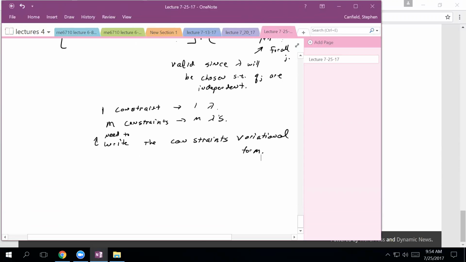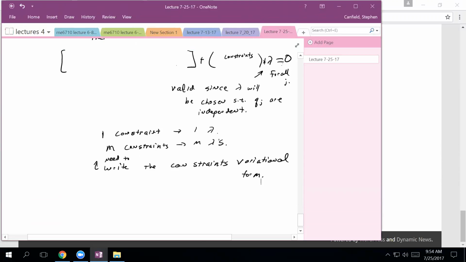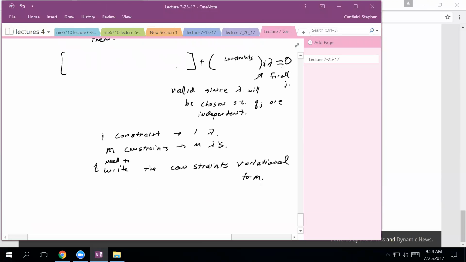So there's a couple of forms that I can have. The general form of the constraint is a differential form.